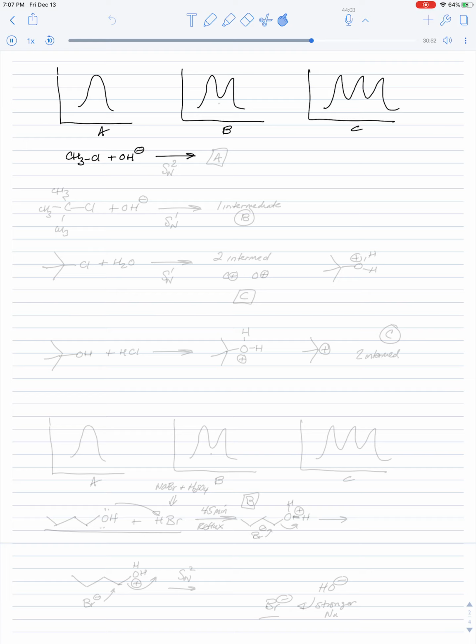This is a methyl, primary I guess, but it's methyl plus strong nucleophile. What mechanism is this? SN2. How many intermediates am I going to have? None, because it's going to be straightforward. So that would be reaction coordinate diagram A.